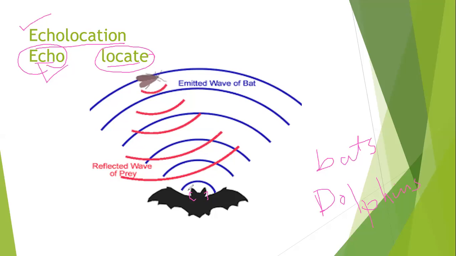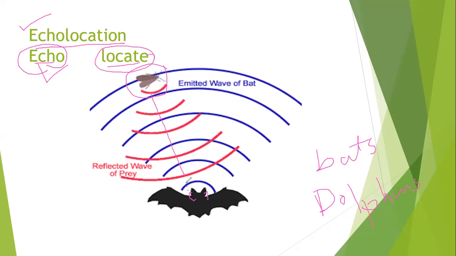Those sounds move. If there is any object in the path of their travel, the waves of the sound reflect back by hitting that object.